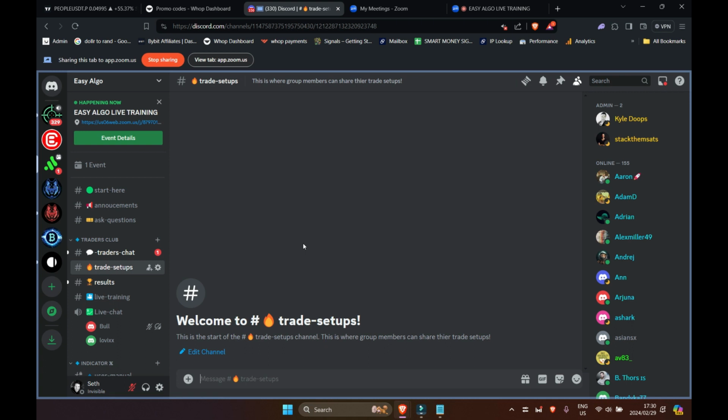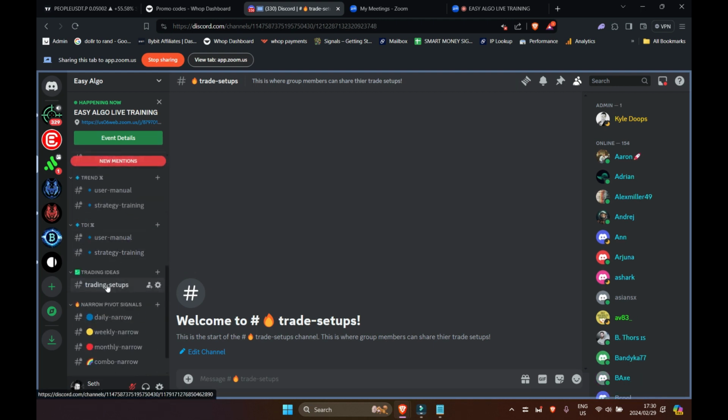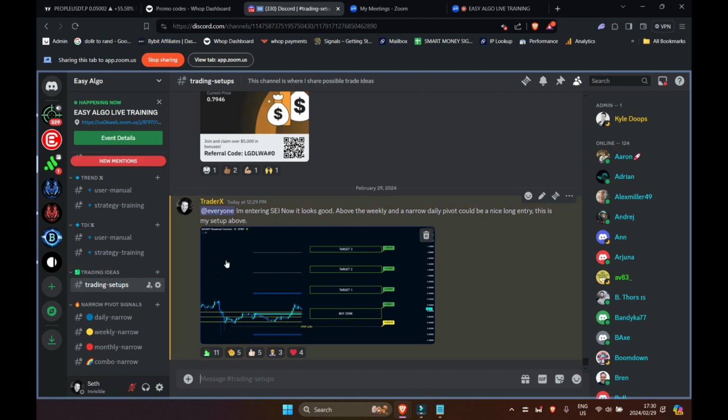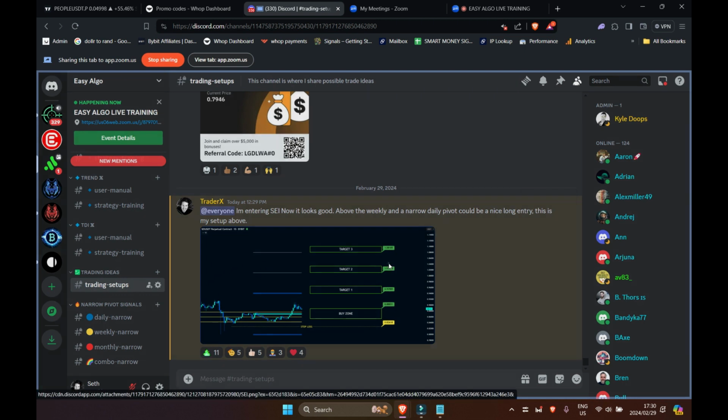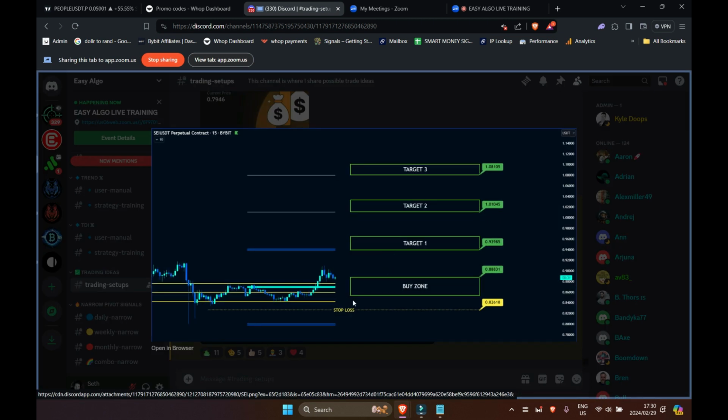And I'm going to also start posting more setups. I've got a section over here where I post as well. I posted something that came onto my radar today. The standard, like I saw that price got on top of the weekly grid, and it was a super narrow daily. I haven't actually even checked this yet, but this is one of the top confluences we teach.